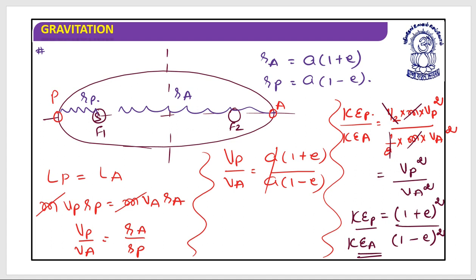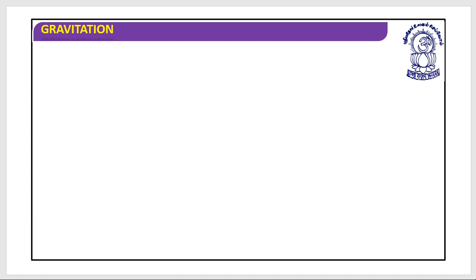If I want to find out the ratio of omegas, I understand that La equals Lp. This could be written as m va ra equals m vp rp. The m has gone. V could be replaced by r omega.